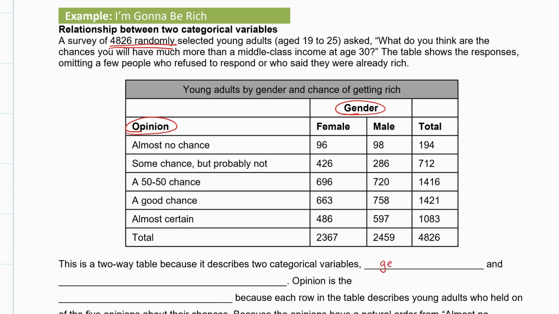And again, we call those variables, in this case, gender and opinion about getting rich. Opinion is, by the way, called the row variable.